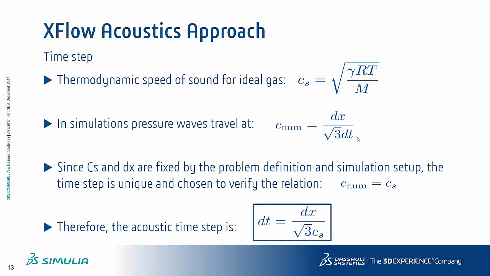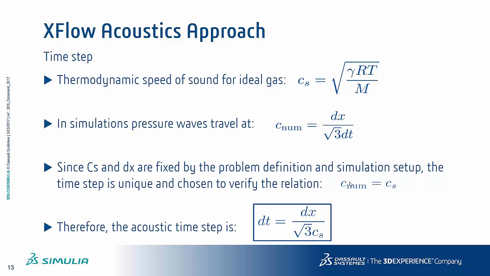We've got streaming of the PDFs along the lattice, so you know that the numerical speed of sound, which is the speed at which pressure waves travel in the simulation, is a relation of dx over dt. You've got, let's say, a square root of 3 here for lattice isotropy, but basically it's just dx over dt. And that adjusts the speed at which you propagate your information.